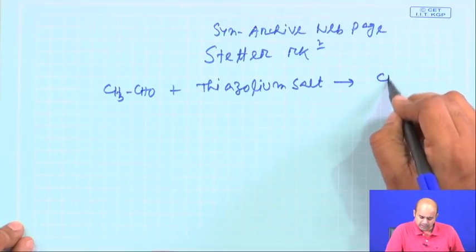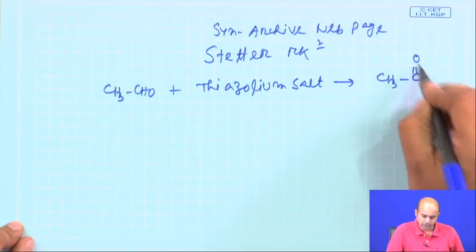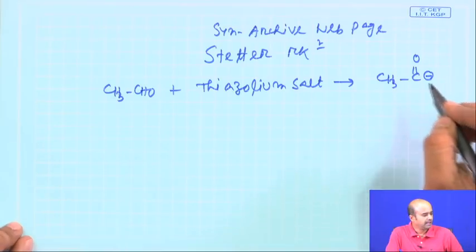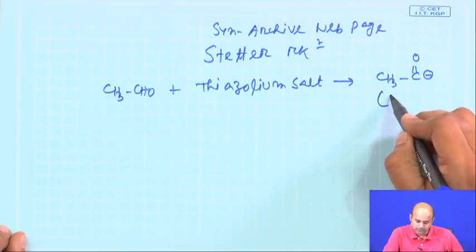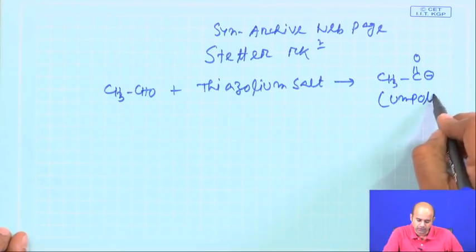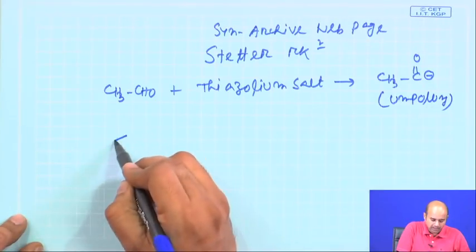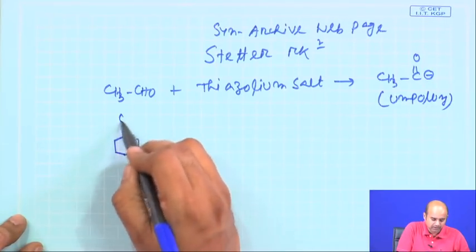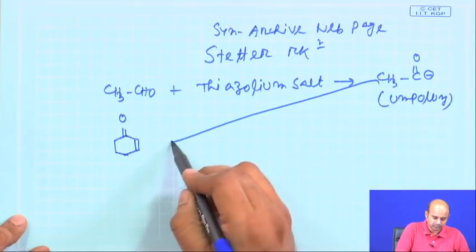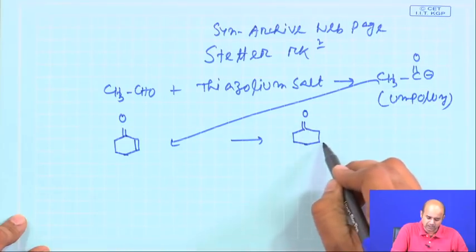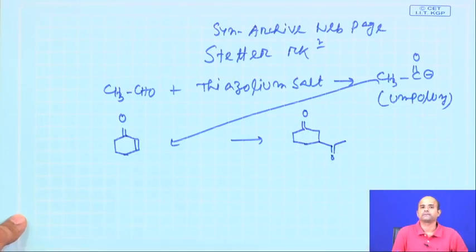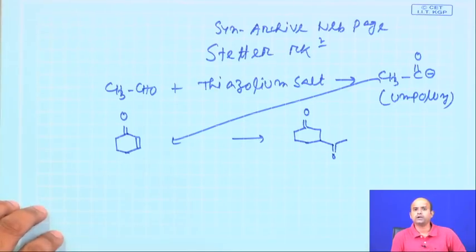You will basically generate a species CH3CO minus, and this is the active species, the umpolung species, which will now react with the Michael acceptor which was given to you. So, the solution was very nicely handled by a named reaction called Stetter reaction. Now, eventually all these kinds of 1,4-dicarbonyl compounds you can synthesize by using Stetter reaction.